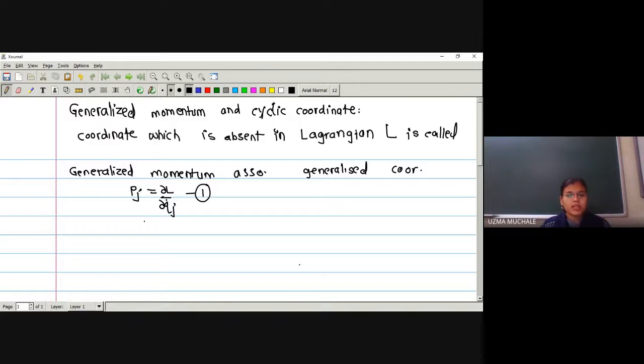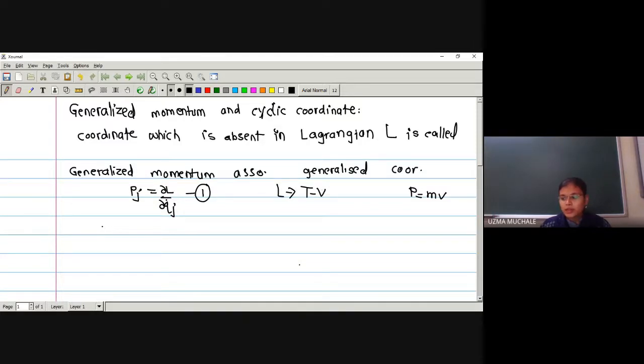What is the relation between generalized momentum and generalized coordinate? Qj is a generalized coordinate, Pj is a generalized momentum. If you remember, in the first lecture we have seen what a momentum is. Momentum is nothing but mass into velocity. In a very similar way, in the case of generalized coordinates, we denote the relation as Pj equals dou L by dou Qj dot, where L is the Lagrangian that we construct as T minus V. Is it okay?